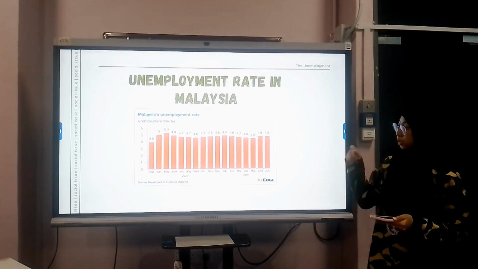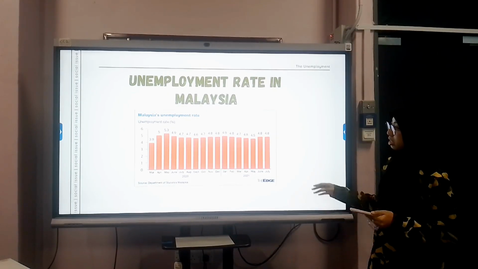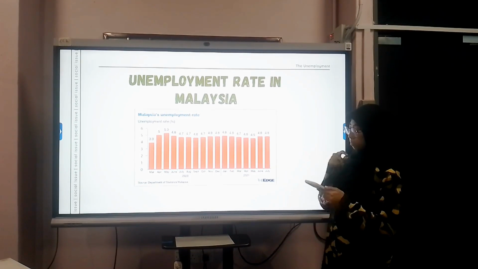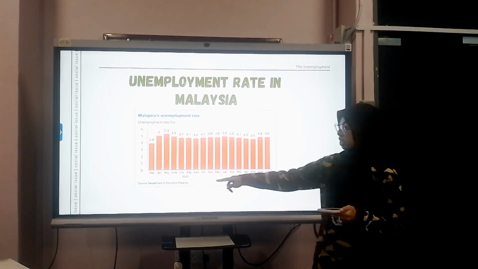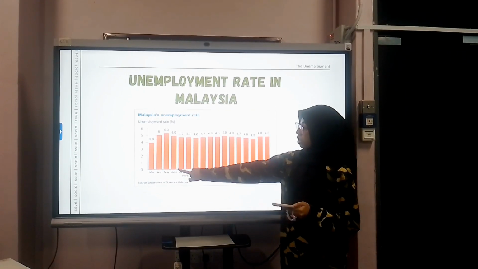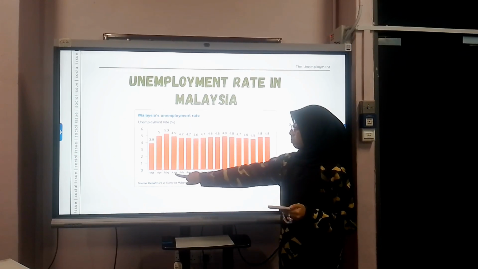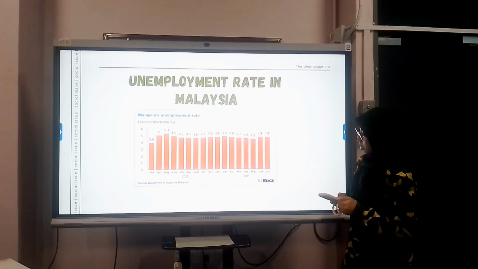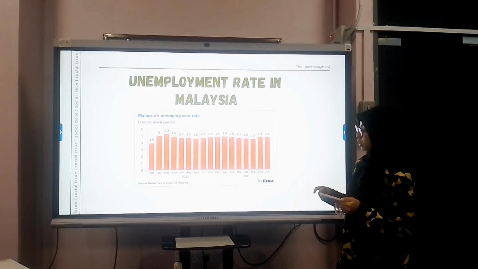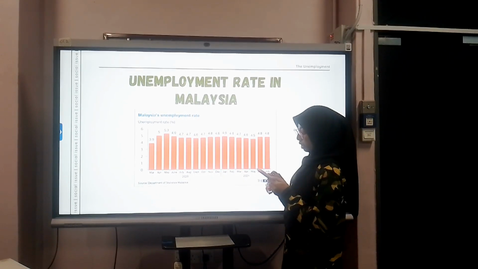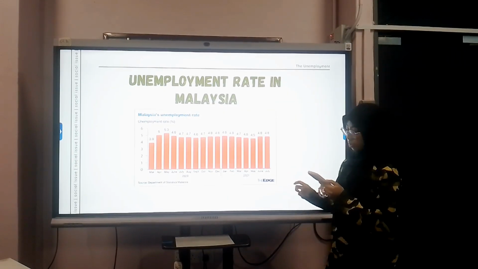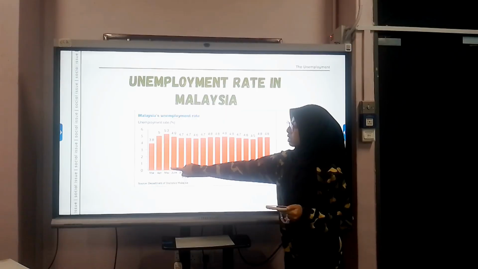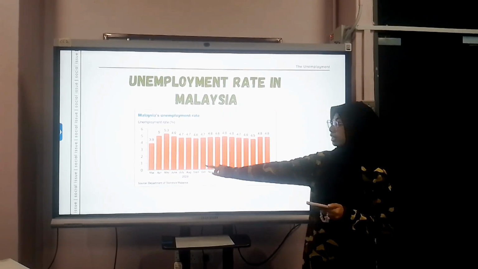Here we can see this chart shows Malaysia's unemployment rate. You can see that in March 2020, the rate was 3.9%, but it jumped to 5.3% in May 2020. 5.3% is the highest point during the COVID-19 pandemic.